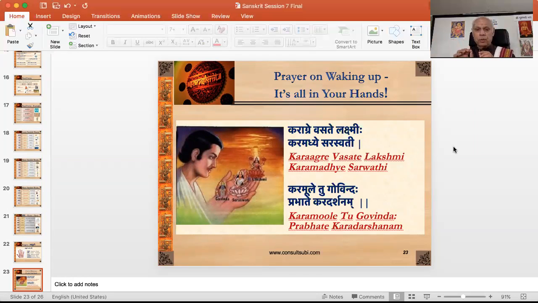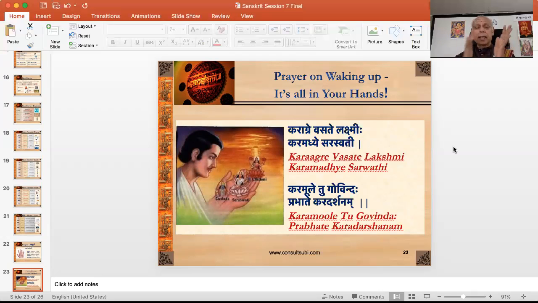Like the first one, you say karagre. Karam means the hand. Agre means the end. The end of the fingers. Karagre Vasate Lakshmihi. Vasate is living. Who? Lakshmihi, the goddess of wealth. Karagre Vasati Lakshmihi.